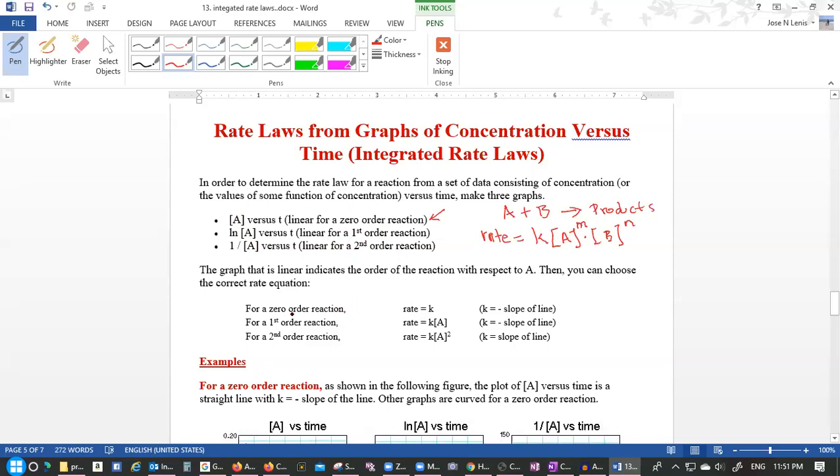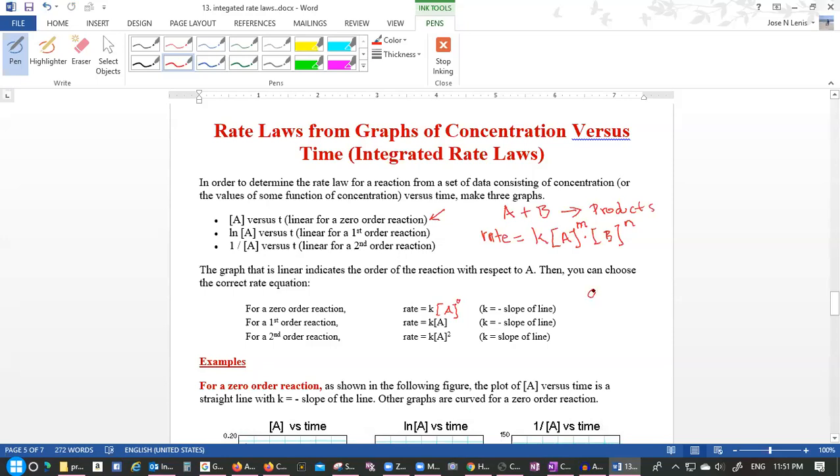So for a zero order reaction, the rate of the reaction is constant, K. So that will be the rate law for the zero order reaction. Because remember, if we are working with respect to concentration of A on this rate law, if we say the reaction is zero order, that means rate equals constant times concentration of A to the power 0.